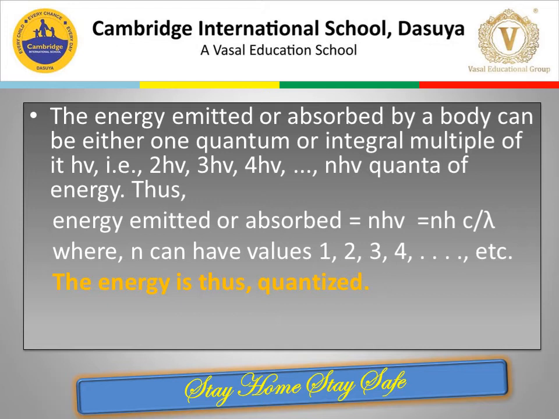Since nu equals c upon lambda, we can write this equation as n h c upon lambda, where n can take up the values 1, 2, 3, 4, etc. Thus, we can say that the energy is quantized. That is, the energy is emitted or absorbed in fixed quanta of value. That is, it cannot be absorbed or emitted continuously.